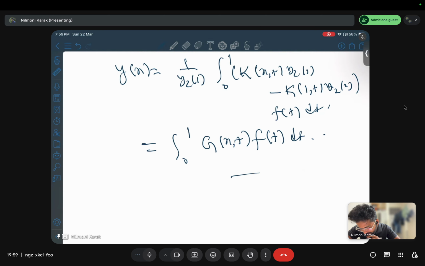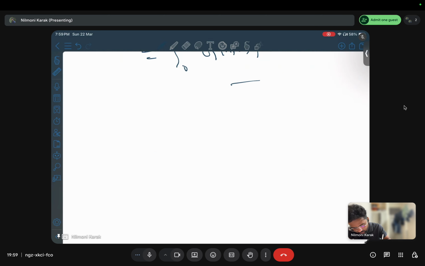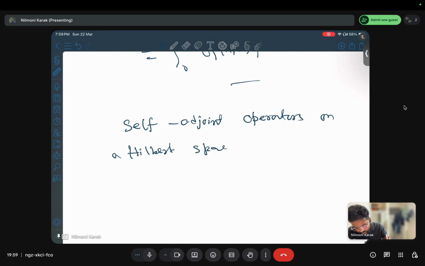Okay, so let us recall what self-adjoint operators on a Hilbert space are.